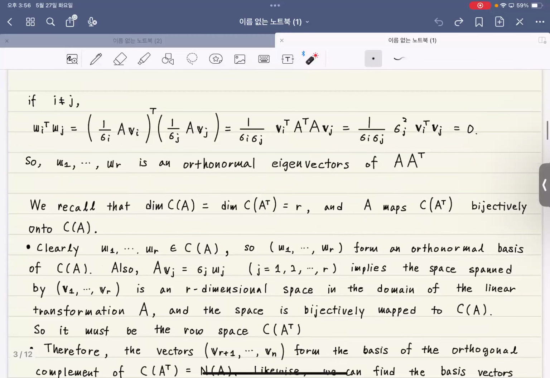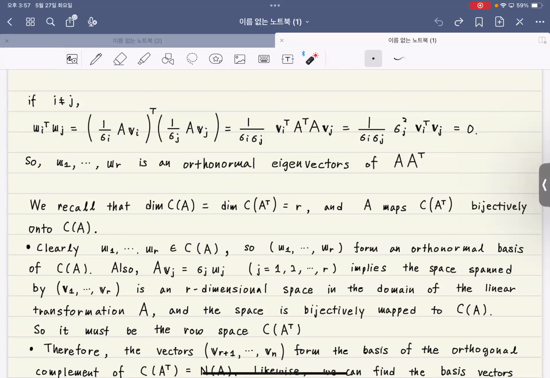This relation is true for j from 1 to R. These vectors V1 to VR live not in the codomain, but in the domain of the linear transformation A, right? And A is an isomorphism between the row space and the column space.